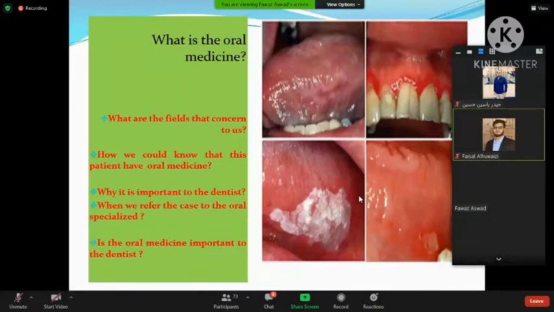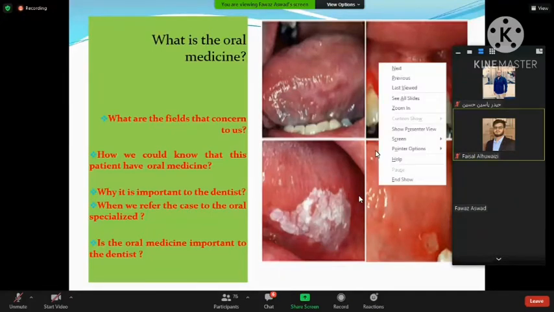And we said in general that the oral medicine specialist will be responsible for saying that this type of lesion is considered a normal or benign lesion, or that this type of lesion may be associated with a serious condition and needs further investigation.